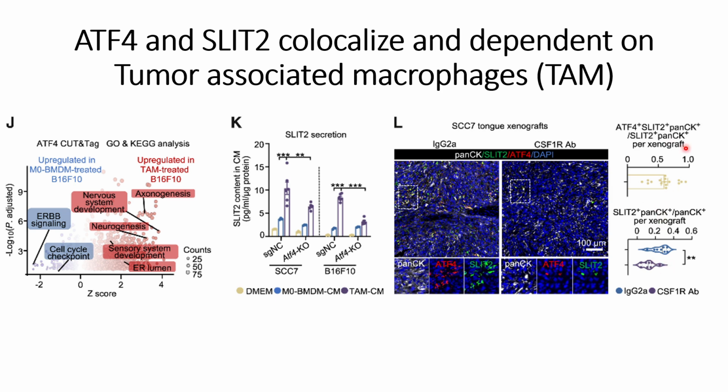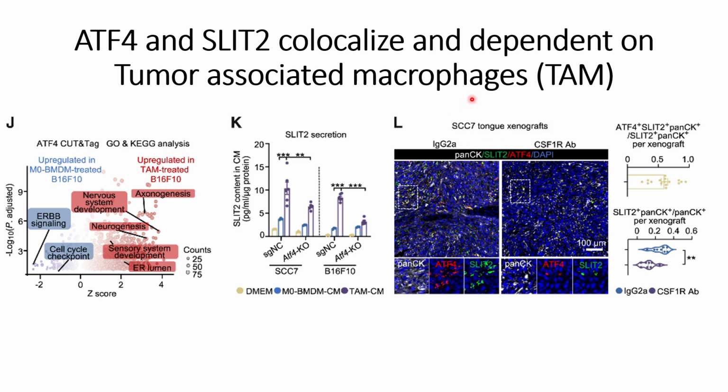In the overall picture, the average is around 0.6, and this grouping belongs to the IgG2A control signal, and the grouping below belongs to the conditions where the SCC7 cells, or rather this xenograft, are treated with the CSF1R antibody.